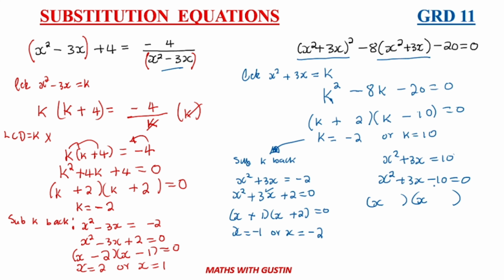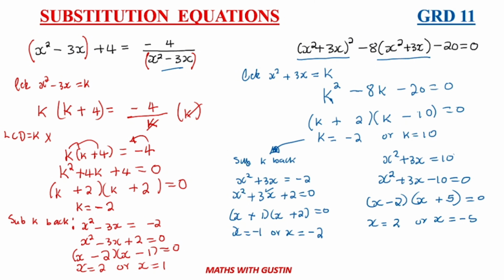And then two numbers, when you multiply them together, they give us 10, but when you add them together, they must give us +3. That's a 5 and a 2. So it's going to be +5, -2 there. X is equal to 2, or x is going to be equal to -5.